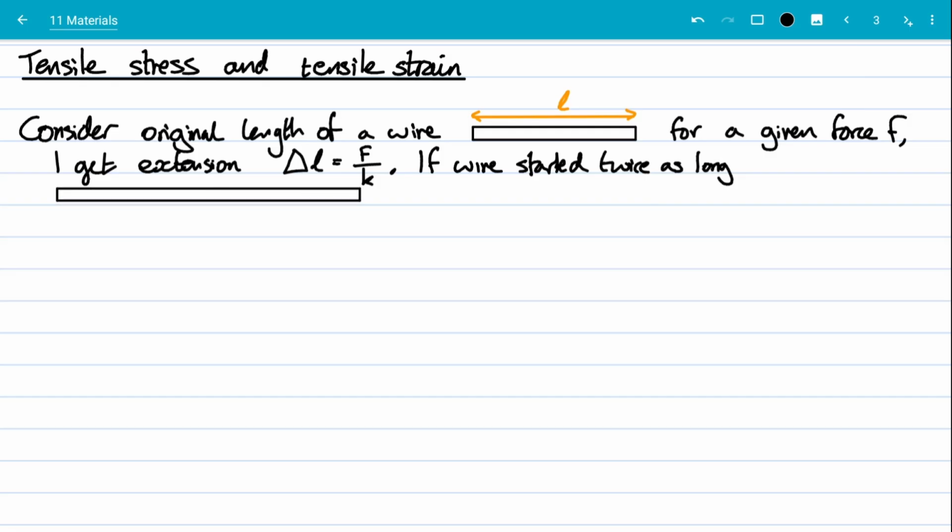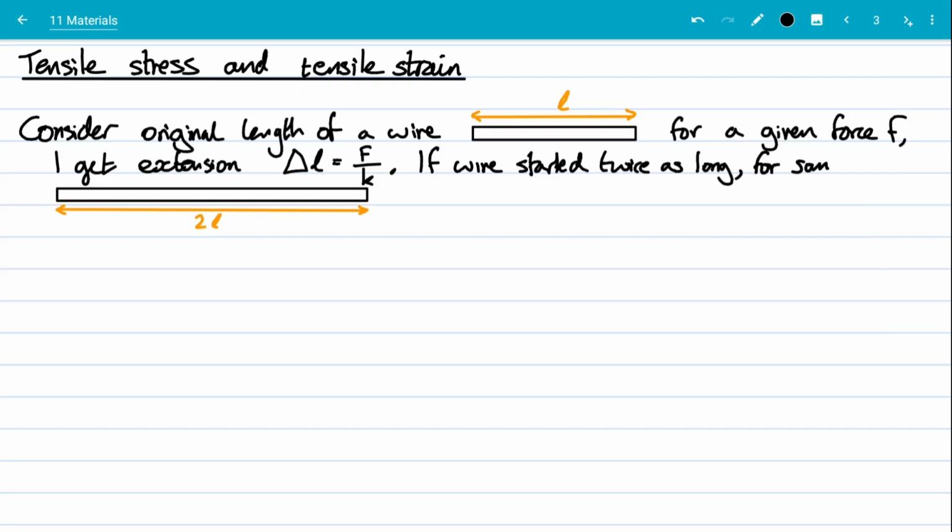Twice as long, just like that. And this is now 2L, so it's started twice as long.